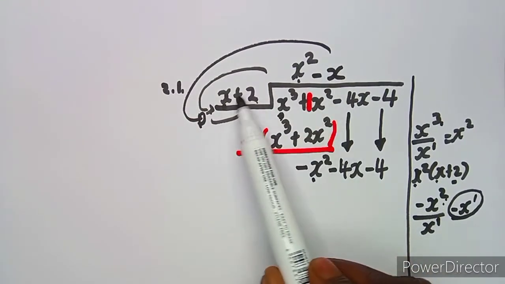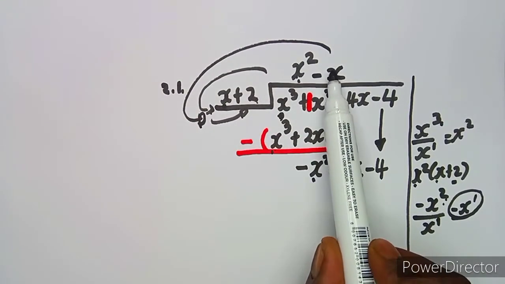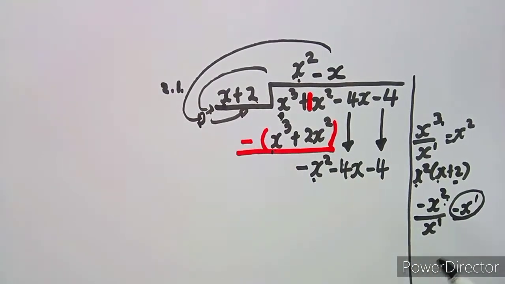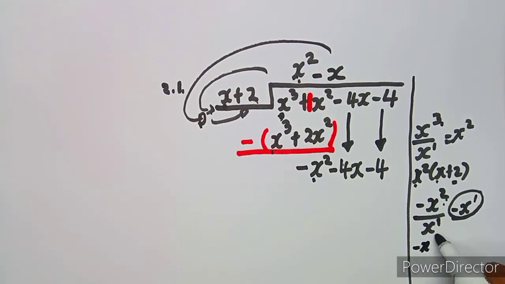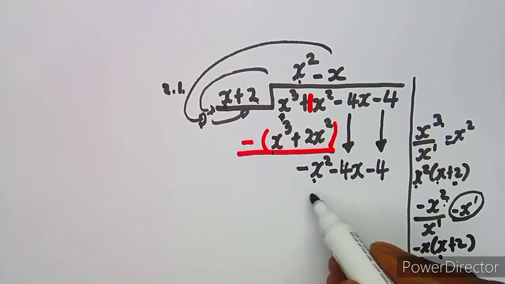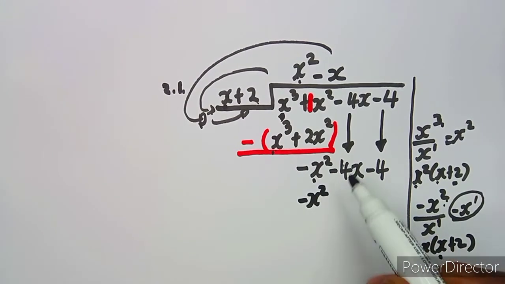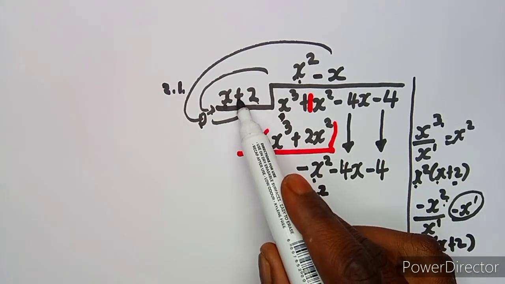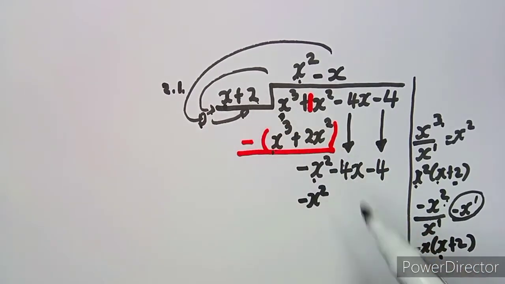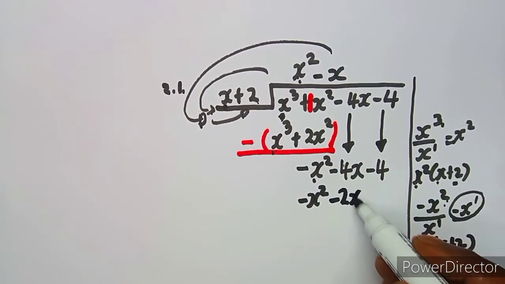So this minus x has to multiply this one: minus x into x plus 2. It multiplies everything. So minus x and x is minus x squared. Minus x and plus 2, take note, it's minus and plus, which is minus 2x.